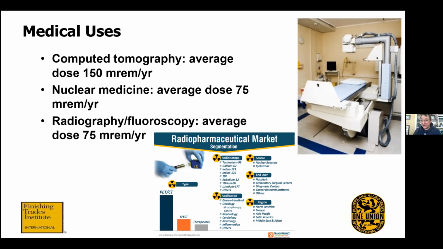Also radio dyes, tracers, things like that. And then radiography and fluoroscopy, about 75 millirem a year. The average dose is about 300 millirem. The newer systems, like the newer CAT scans and the newer MRIs, actually have a smaller dose of radiation, which is a good thing.